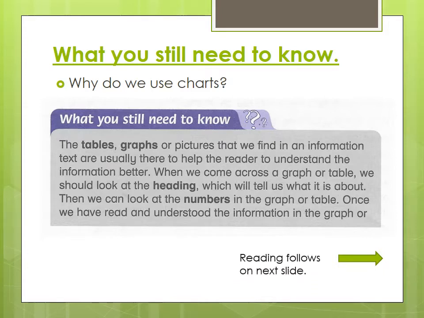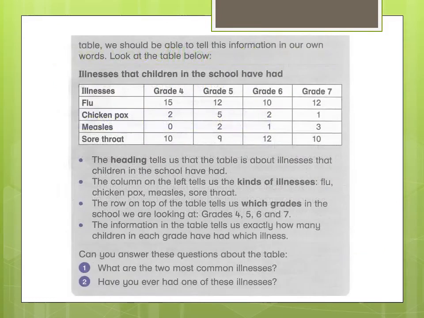Then we can look at the numbers in the graph or table. Once we have read and understood the information in the graph or table, we should be able to tell this information in our own words. Look at the table below.